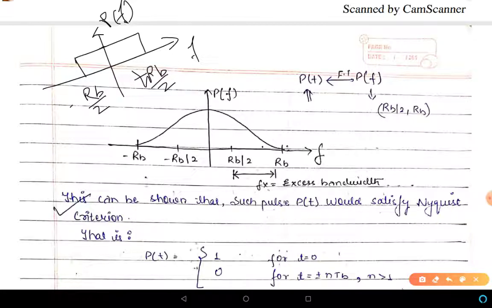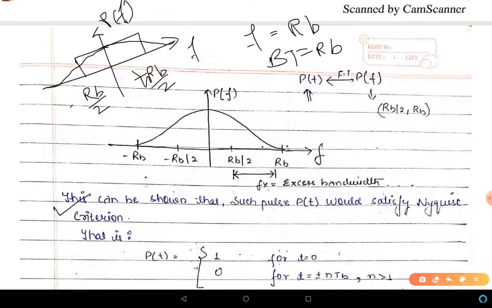Now what if I expand this pulse? What is the maximum frequency I can expand to? The maximum transmission bandwidth I can have is RB.